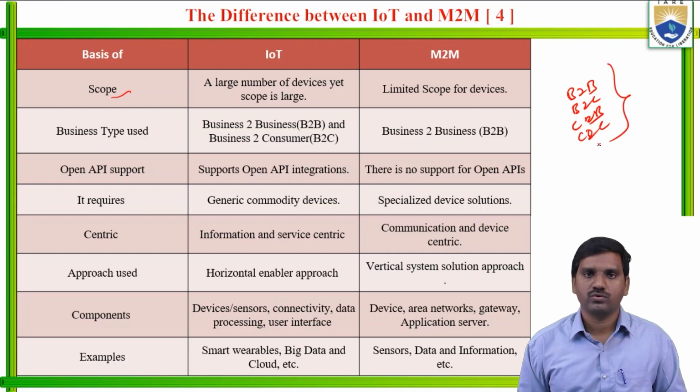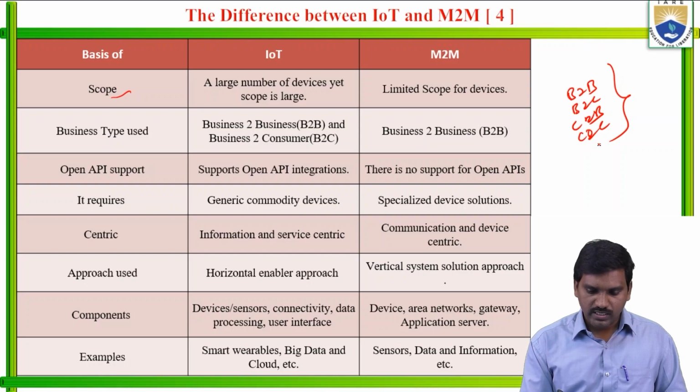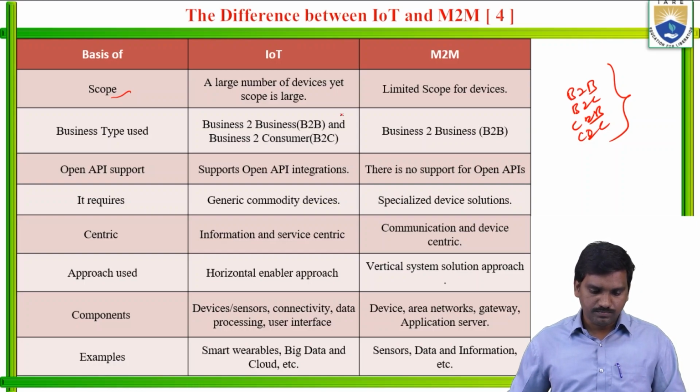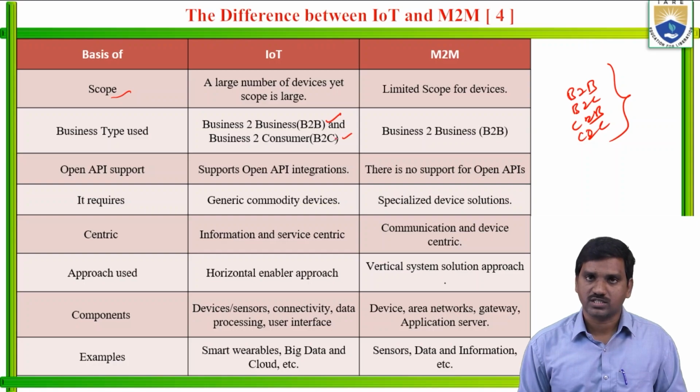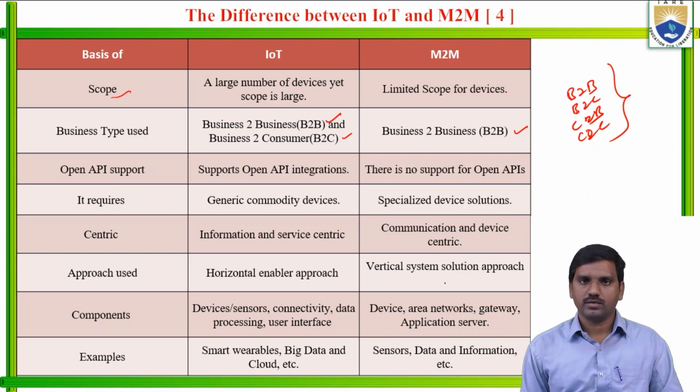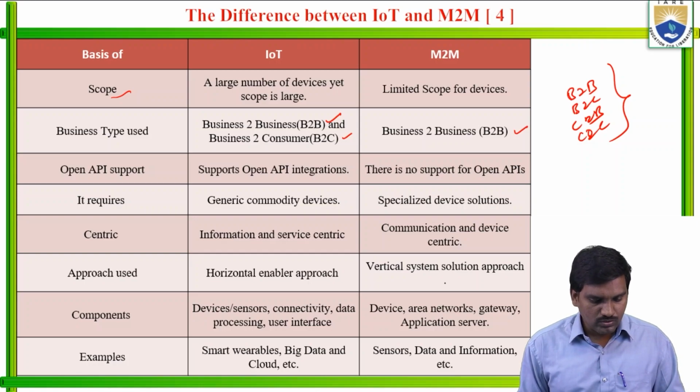We have four types of business system. Among these four, here we have only two types used, business to business and business to customers. For M2M, business to business only is used.